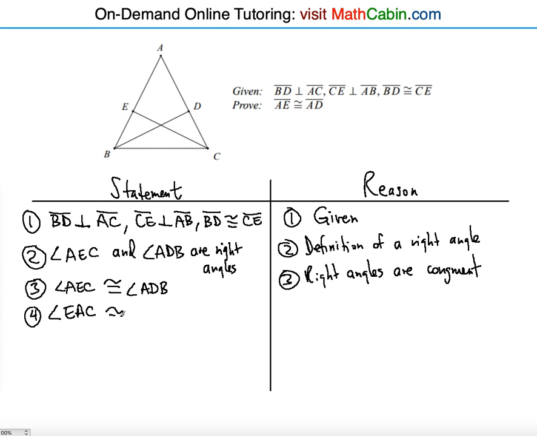Angle EAC is congruent to angle DAB, so that you can see it's this triangle that we're talking about. And the reason being, it's the same angle, so thus we can say that it's the reflexive property of congruence.